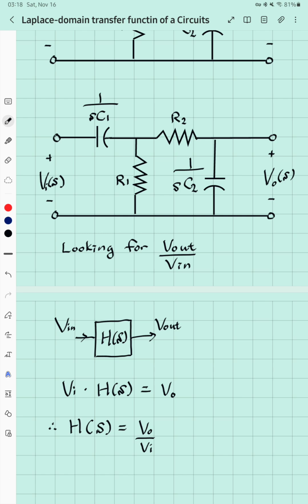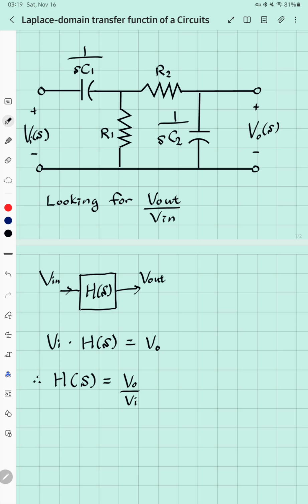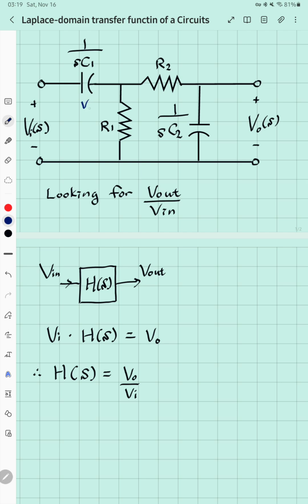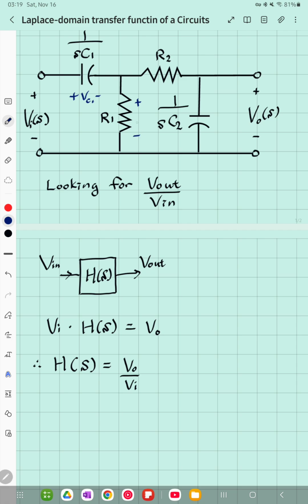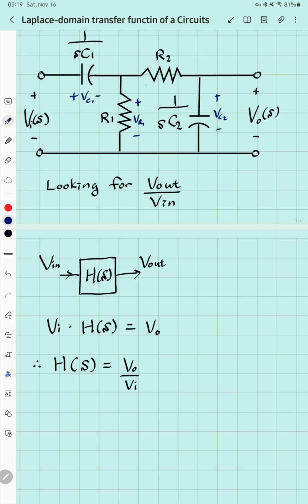Okay, so what do we do first? Now you label everything. This is V C1, plus minus. This is V R1. This is V C2. This would be plus minus V R2. Along the same lines, you will have your currents. Let's label each one.